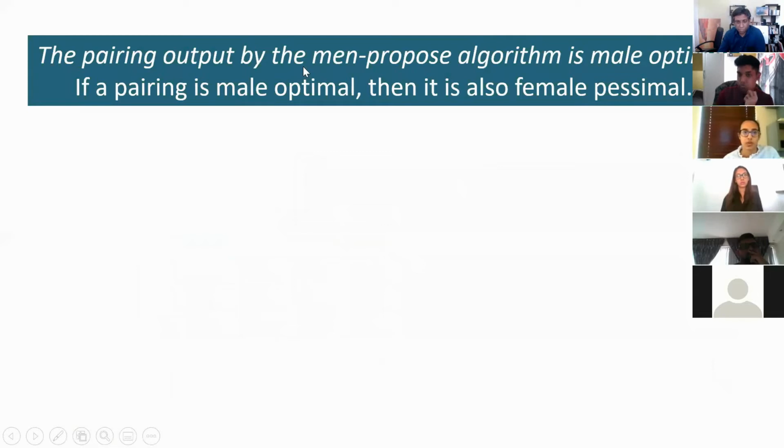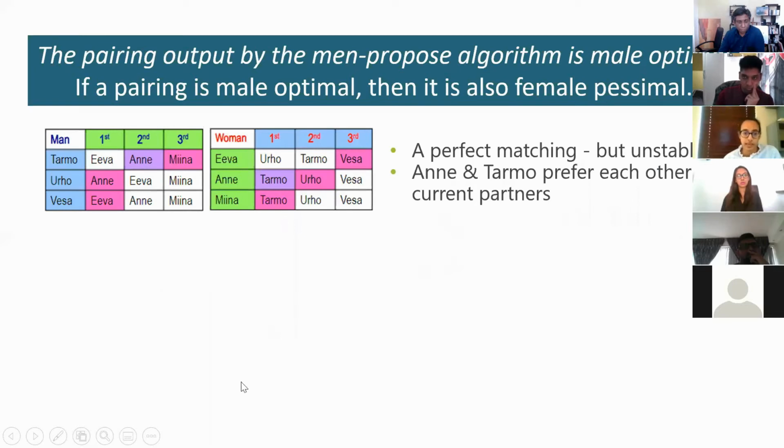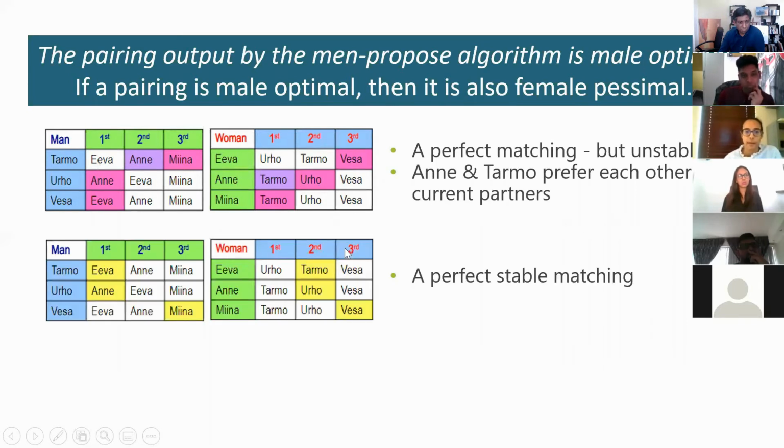So you may have noticed that the pairing output by the men-proposing algorithm is male optimal. And if it's male optimal, then it's female pessimal. So if you look at some other examples, this is also a matching. It's a perfect matching because everyone has one pair, but it's unstable because Anne and Tamo like each other better than their current matches.